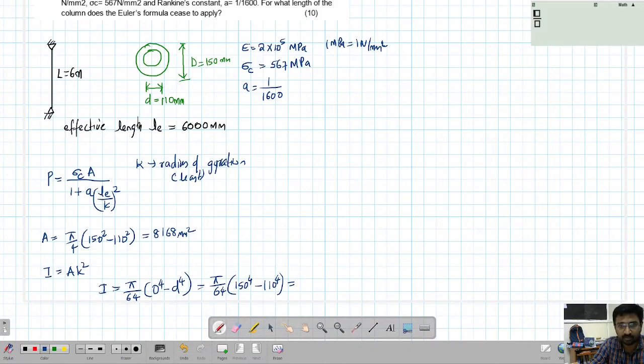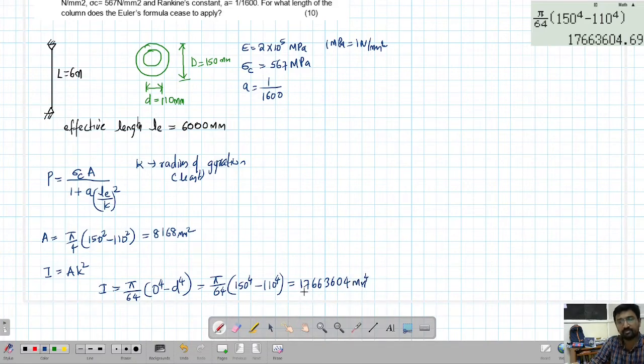It's a very big value that we are going to get. So this is 17663604 mm to the power 4. Right. So this is the value of I.